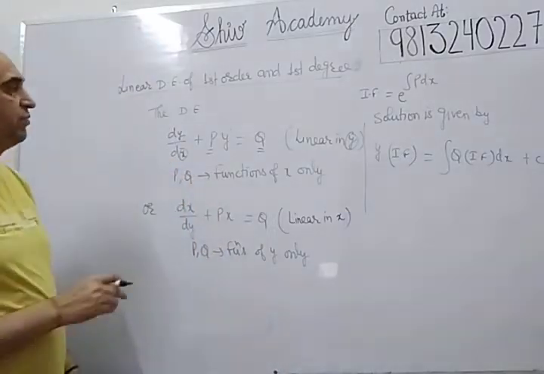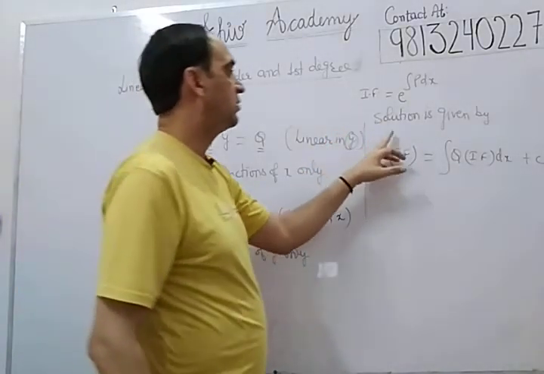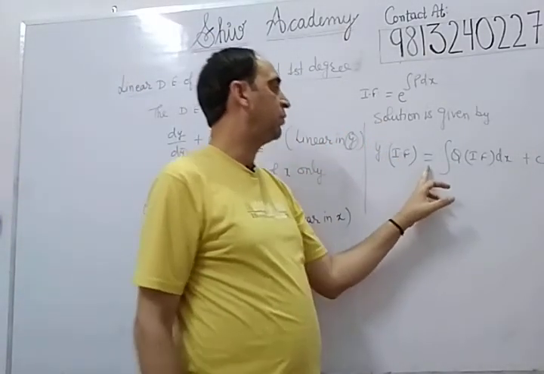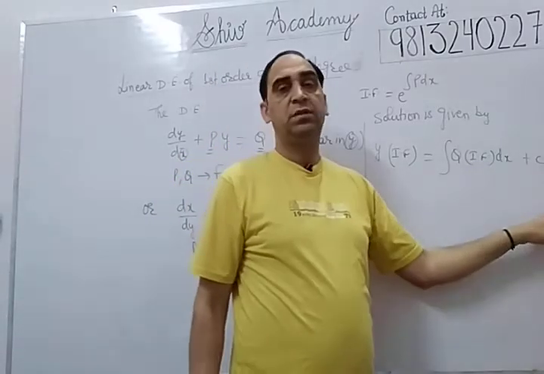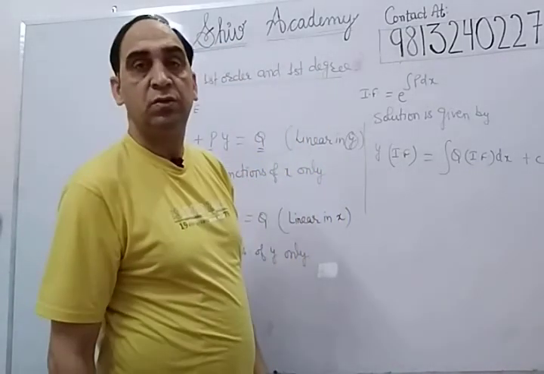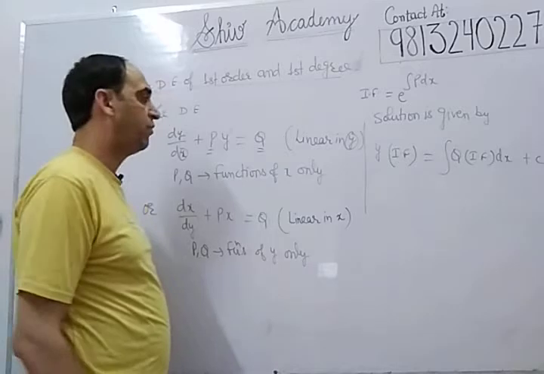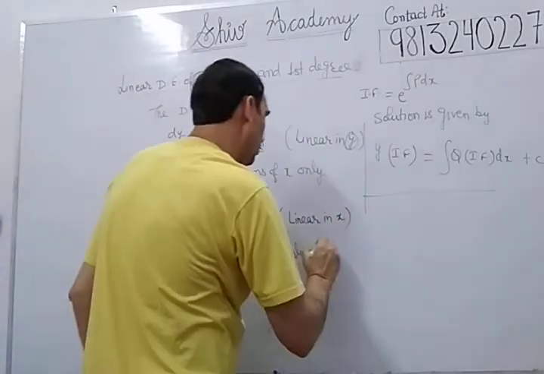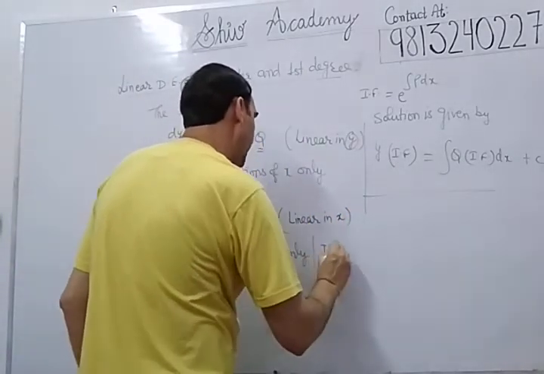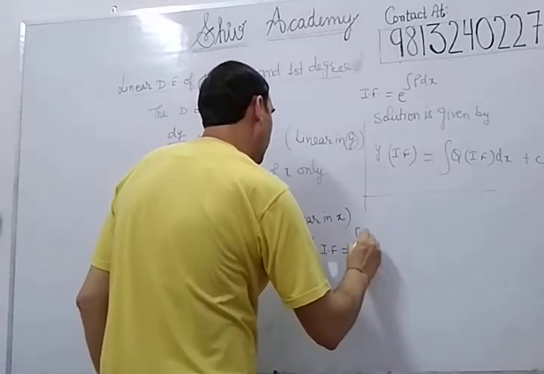So what we do, we find the integrating factor, and the solution is y into integrating factor equal to integral of q into integrating factor with respect to x plus c. Similarly, we can find the solution in the other case. In this case, integrating factor will be e to the power integral p dy.